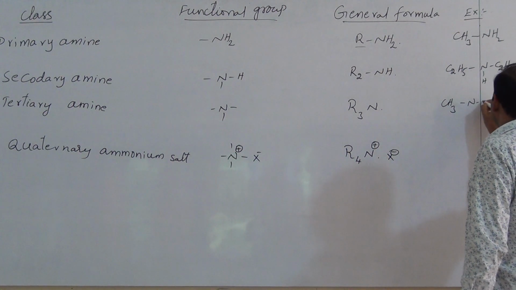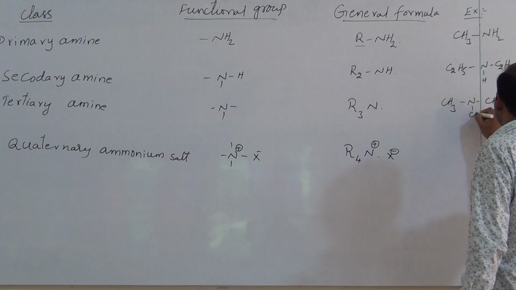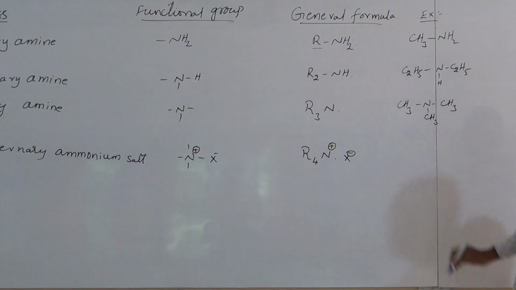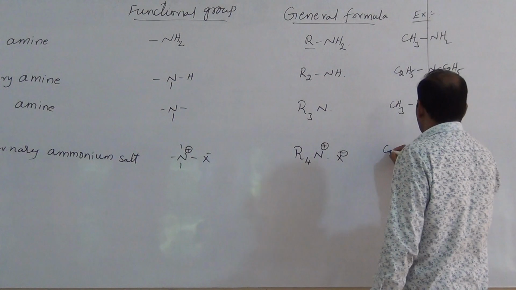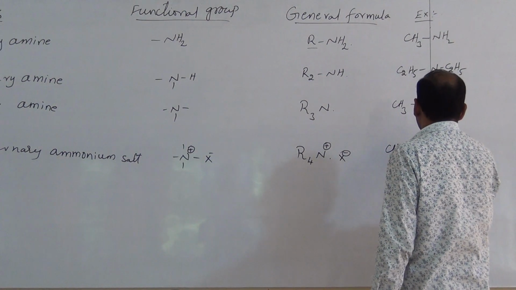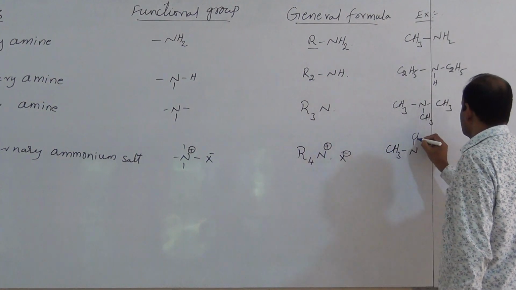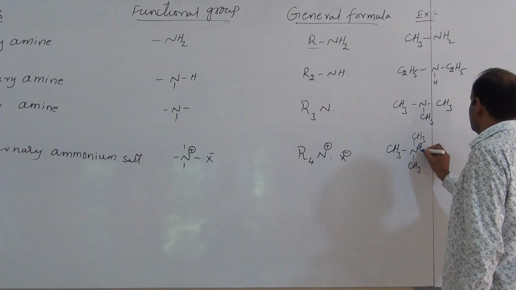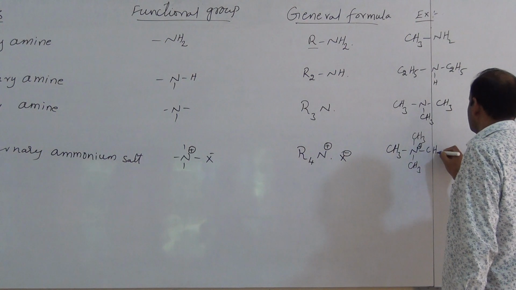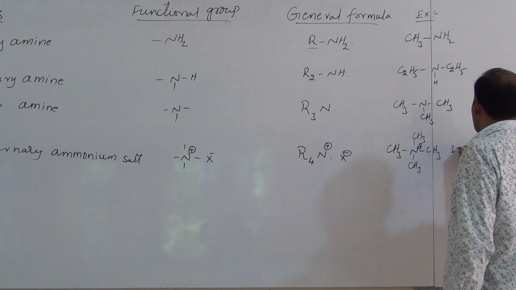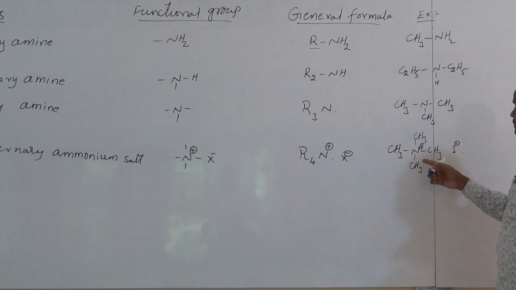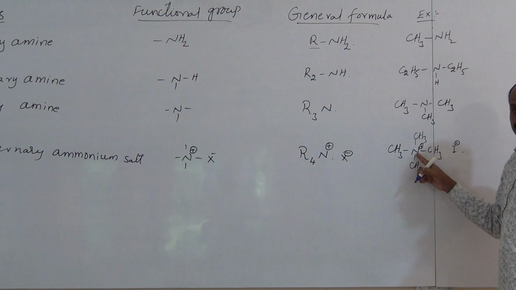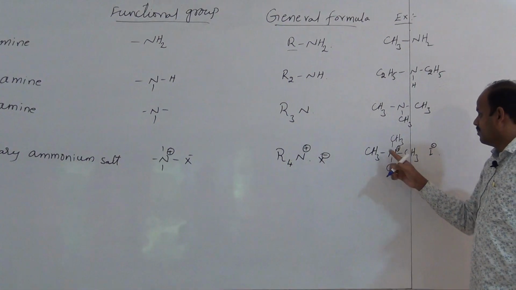Tertiary amine means (CH3)3N, which is trimethylamine. And CH3 N CH3 CH3 plus CH3, then I minus. In this one, 4 methyl groups are attached to the nitrogen atom. It is the quaternary ammonium salt.